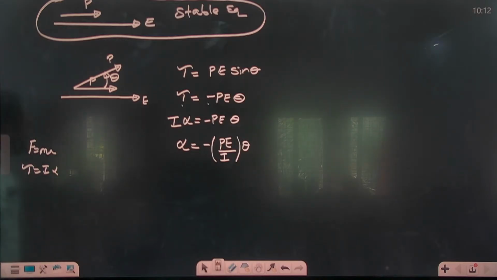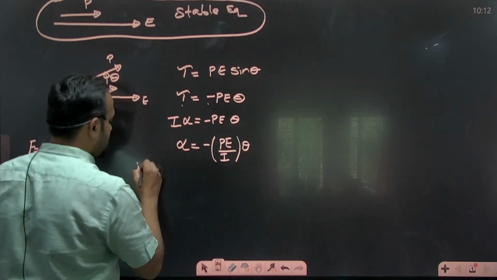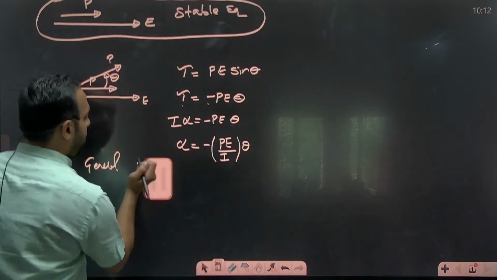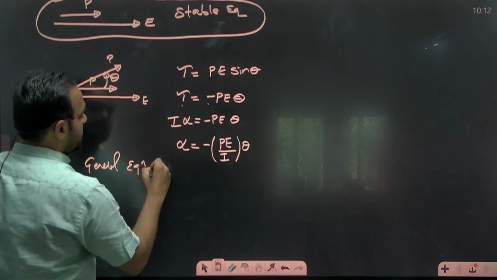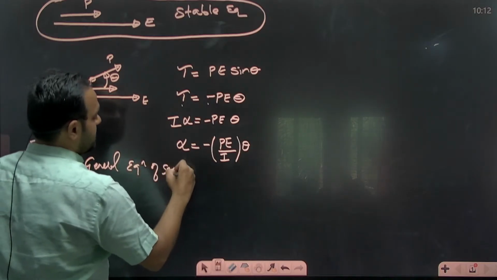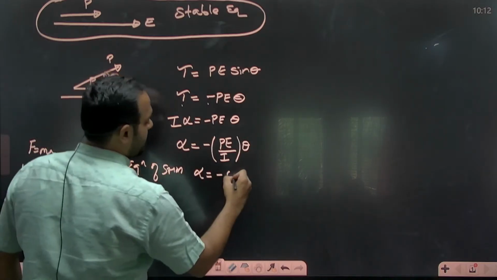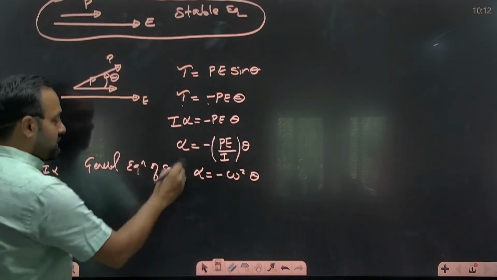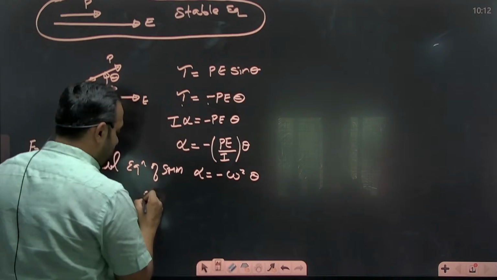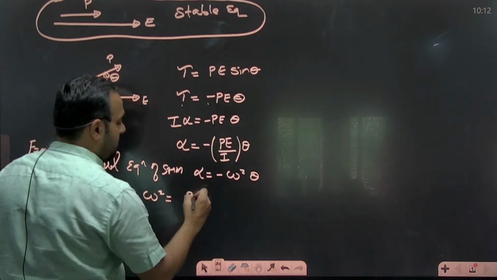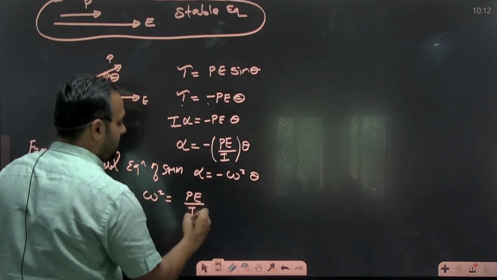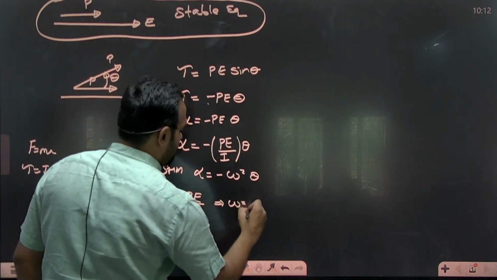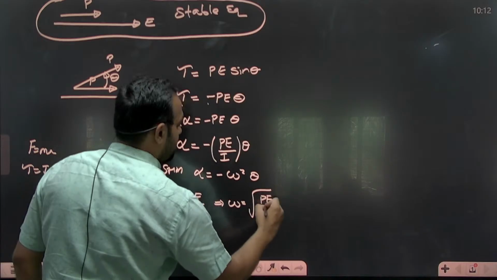For SHM, what should you have? The general equation of SHM is alpha is equal to minus omega square theta. So comparing both of them, omega square should be equal to PE divided by I. So from here omega will be equal to under root of PE divided by I.